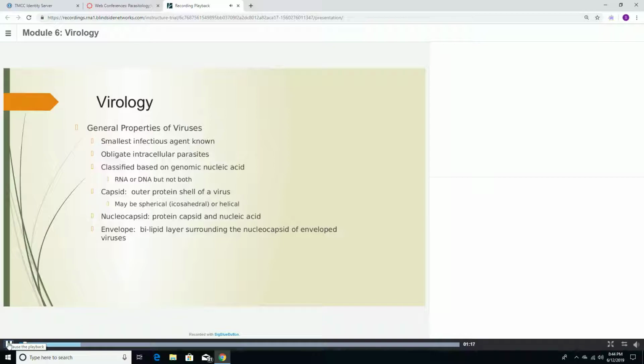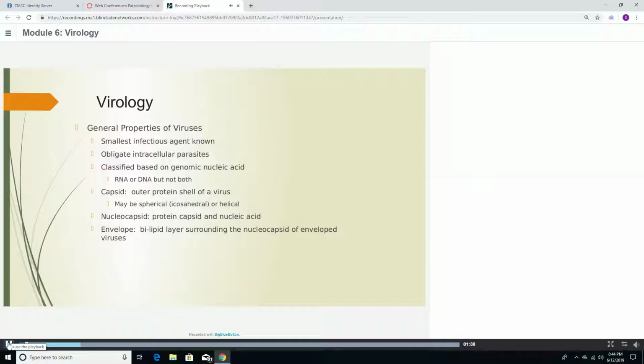They're incapable of growth or replication outside of a living cell, and some people consider them an inert biochemical particle. Viruses come from a variety of specimens and can be classified in a few different ways. Laboratory diagnosis is important because viruses cause different diseases.